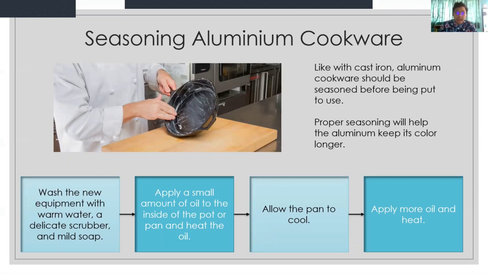Next, we apply a small amount of oil to the inside of the pot or pan and heat the oil up. We should allow the pan to cool down for a few minutes and then repeat the step of applying more oil and heating at least two more times. This ensures that the seasoning process is thoroughly done and the surface of the aluminium cookware can retain its color for a longer period of time.